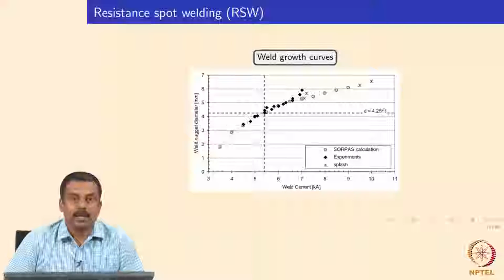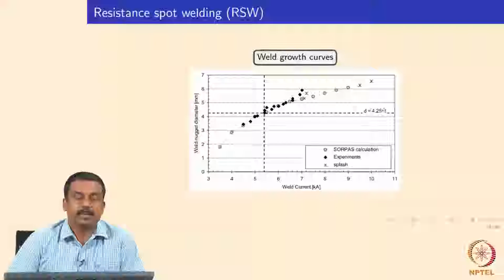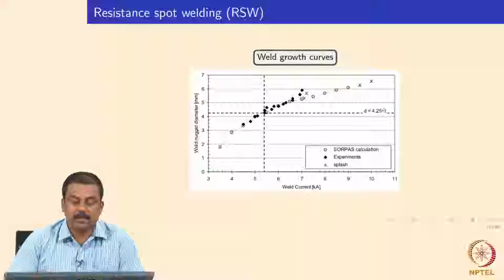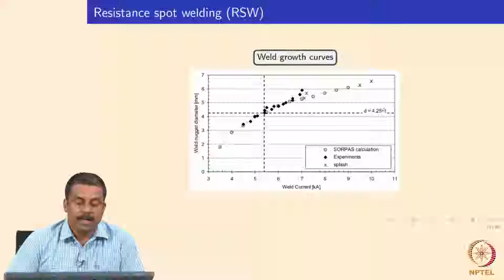So, we will move on to the other aspects of resistance spot welding with respect to the automotive industries. When you are given a material to weld using resistance spot welding, the first thing you need to do is understand the effect of the welding current on the nugget formation behavior.